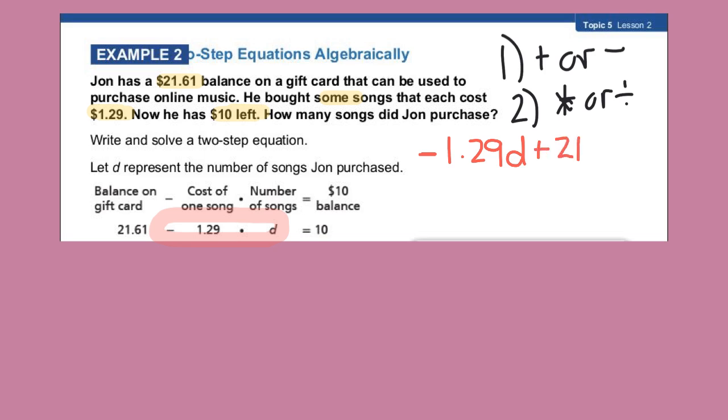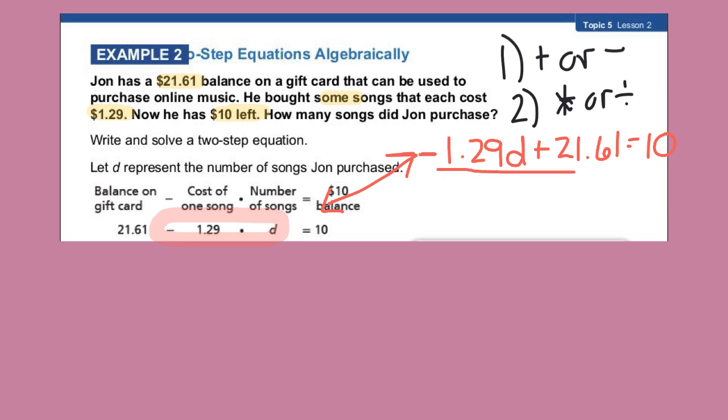I have $21.61 on my gift card, and that leaves $10 left. Okay, these two are exactly the same. I just changed the order around. I can do that using the commutative property.